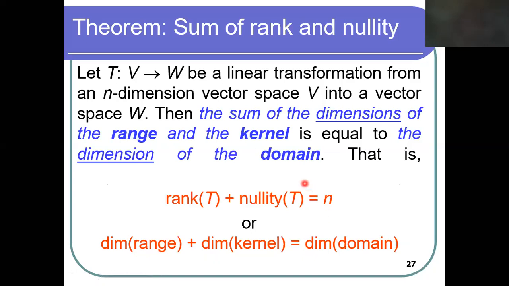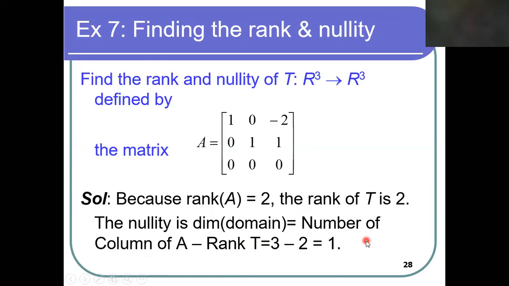I mean to say, if you have n elements in the domain, then the rank of the transformation plus the nullity of the transformation is equal to n. That is, the rank is the dimension of the range, plus the nullity is the dimension of the kernel, equal to the dimension of the domain. So let us take this.